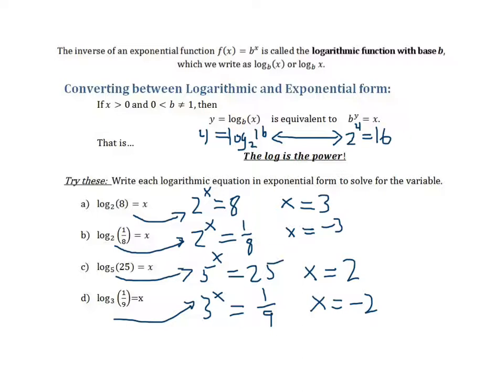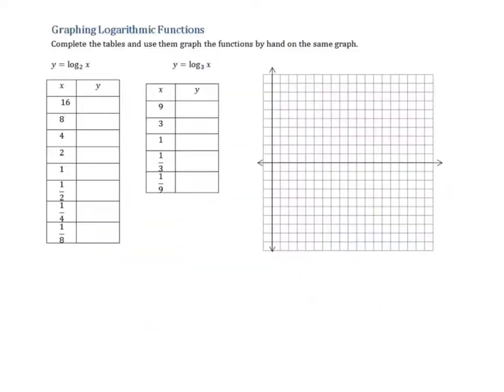Well, now let's put this all together and see how we get a graph out of these functions. So graphing logarithmic functions, we're going to do what we just did many times over. Here we have y is the log base 2 of x. If x is 16, that's the problem that we saw a few moments ago, and we'll do a little scratch work down here. We have log base 2 of 16.